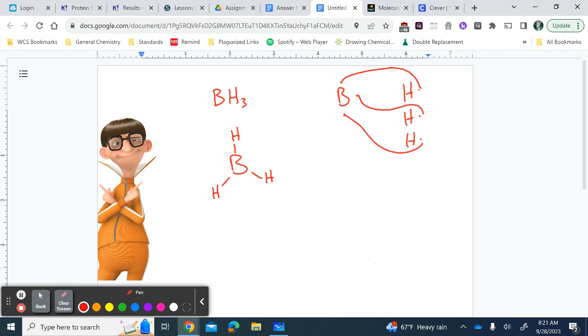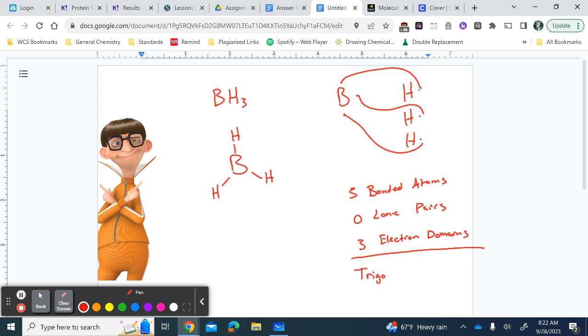If we're trying to figure out our geometry, we have 3 bonded atoms. We have 0 lone pairs around our boron atom. We have 3 electron domains. So this would be considered a trigonal planar molecule.